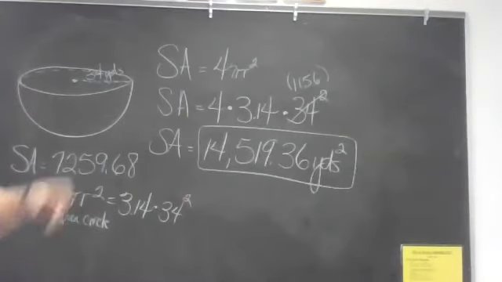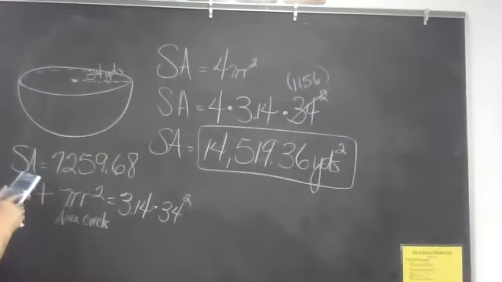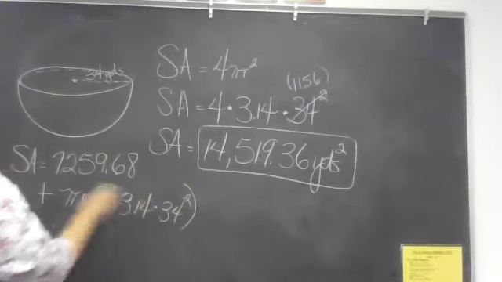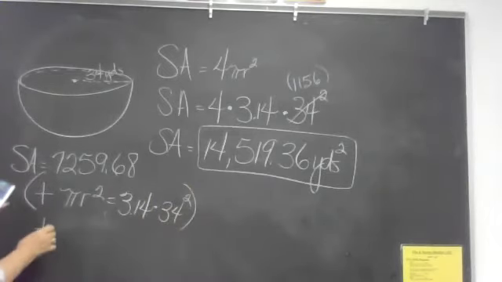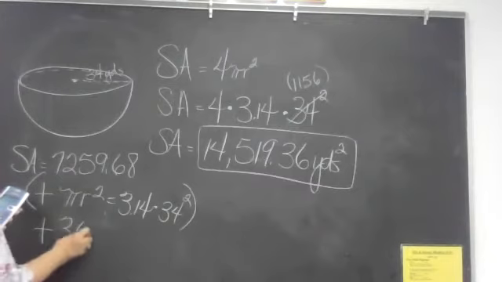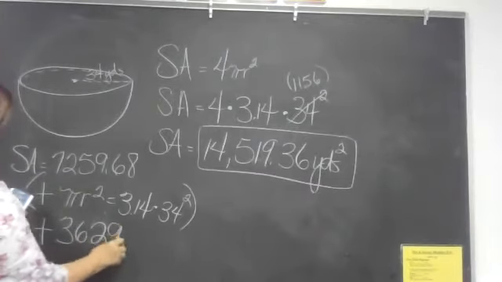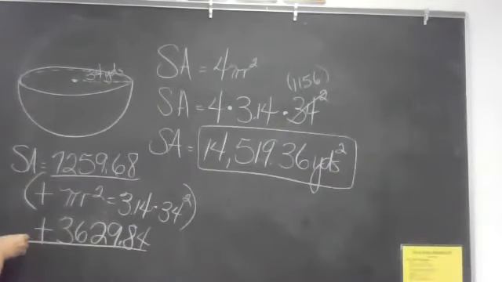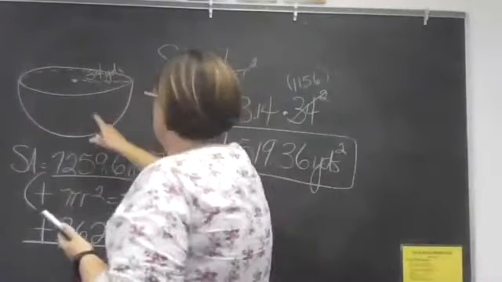Okay, we've already done 34 squared up there. So now, 3.14 times 1156, so now I have an additional 3629.84. So I'm going to add this number and this number to get the total surface area of this hemisphere.